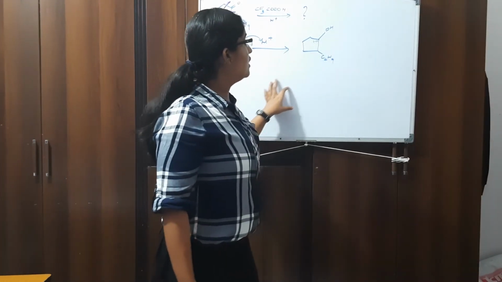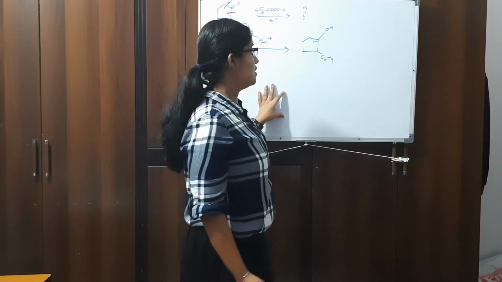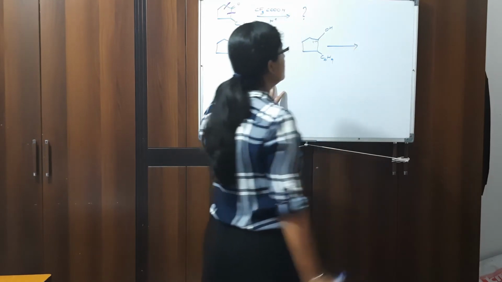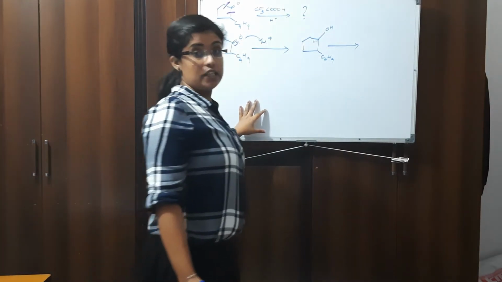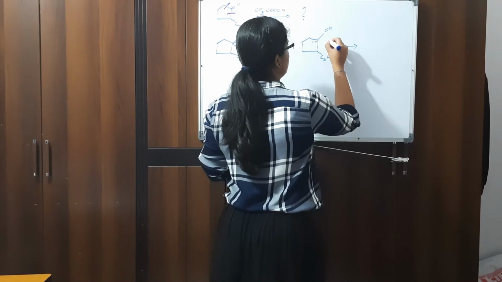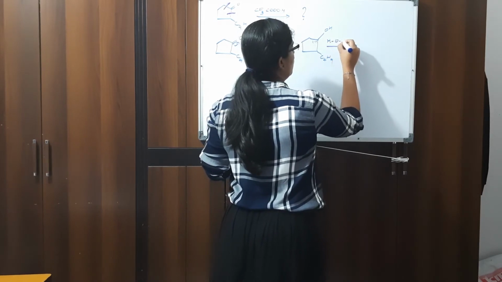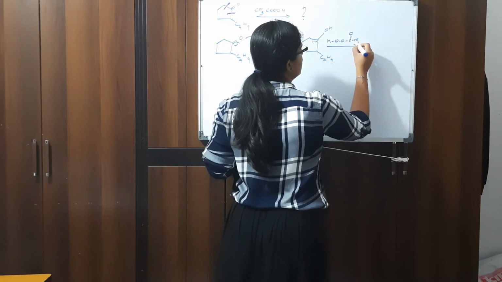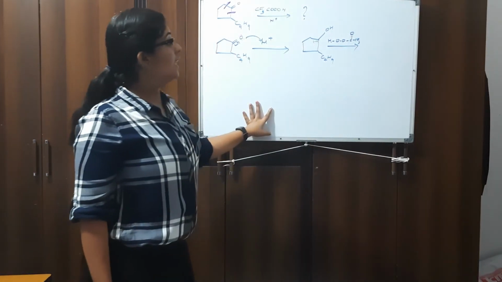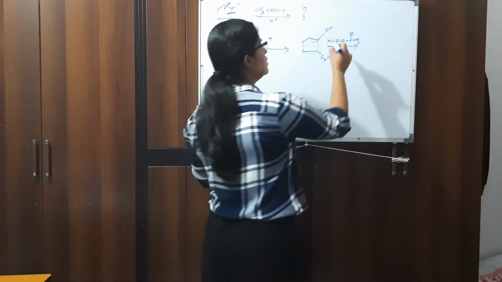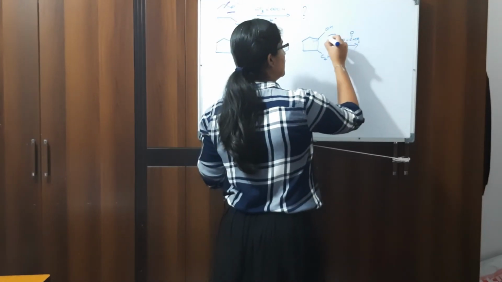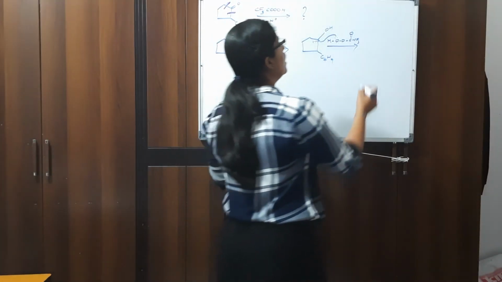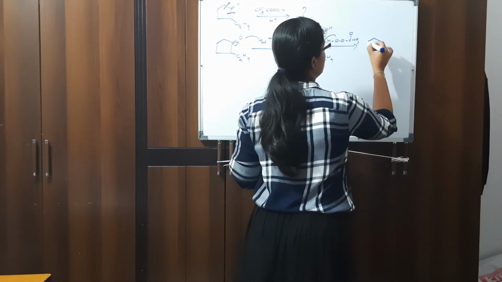Now that my carbon is positively charged, here comes the play of which group? My peracetic acid group, trifluoroperoxyacetic acid, which was HOOCOCF3. This was the group, and that is going to come into play. And now this oxygen would bond with the carbon atom, and what is it that we're going to get?